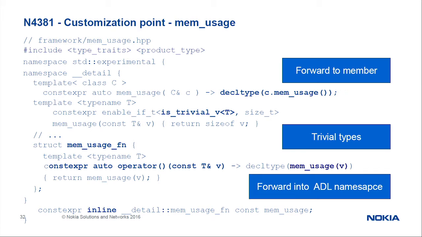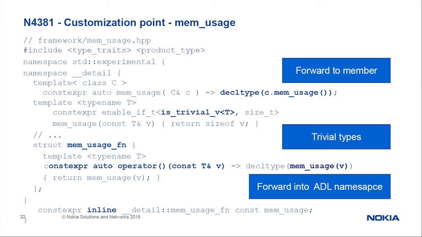Then, if the user defines a member mem usage function, okay, he knows better. We will forward to this. But for trivial types that don't have pointers to anything, the space used is just the sizeof.